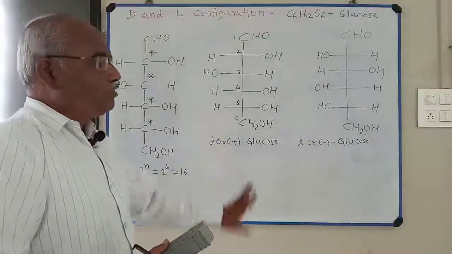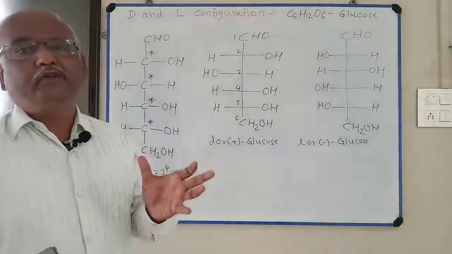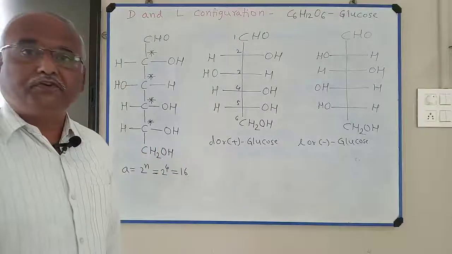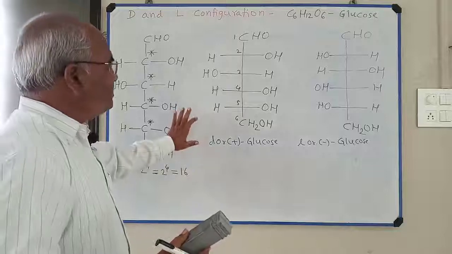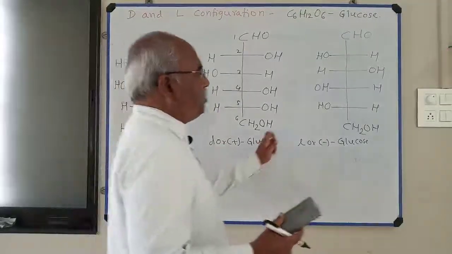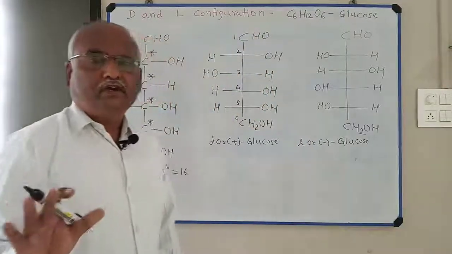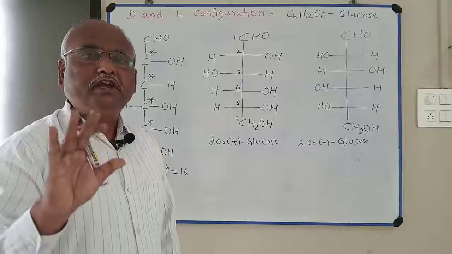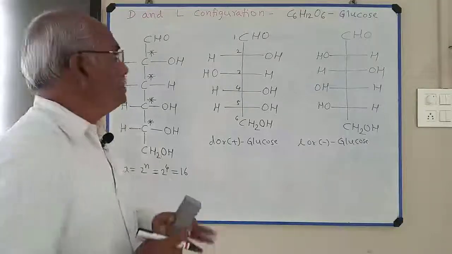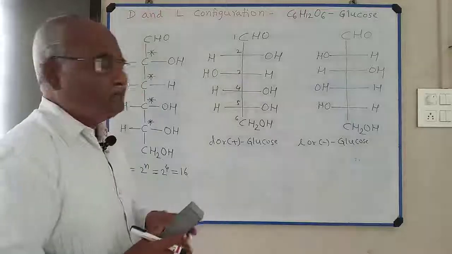Dextrorotation and levorotation are determined by using a polarimeter experiment. By experiment, it is found that one is dextrorotatory and the other is levorotatory. We have to write D and L configuration, capital D and capital L. It is very simple.